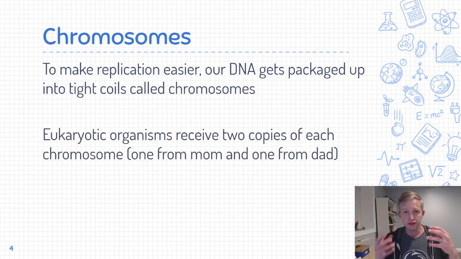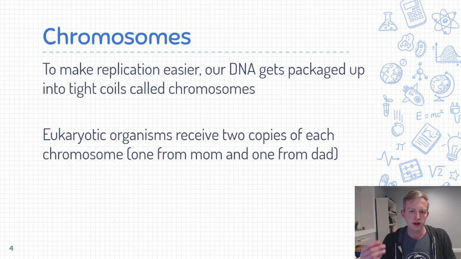The reason is it helps us move these things around and make sure that when we make 2 cells, they both get equal sets of all of the chromosomes. Because if one cell splits into 2 cells, but they have weird numbers of chromosomes, that causes huge problems, and those cells probably won't make it, or at least won't be effective.